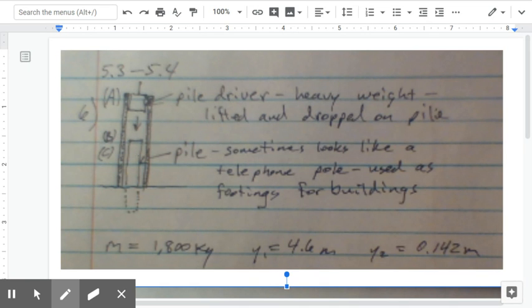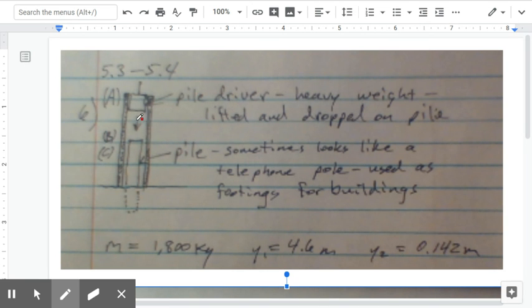Now, in our problem, the mass that is being dropped is 1,800 kilograms, and the distance it's falling before it hits the pile is 4.6 meters, and then it's going to drive the pile another 0.142 meters into the ground.